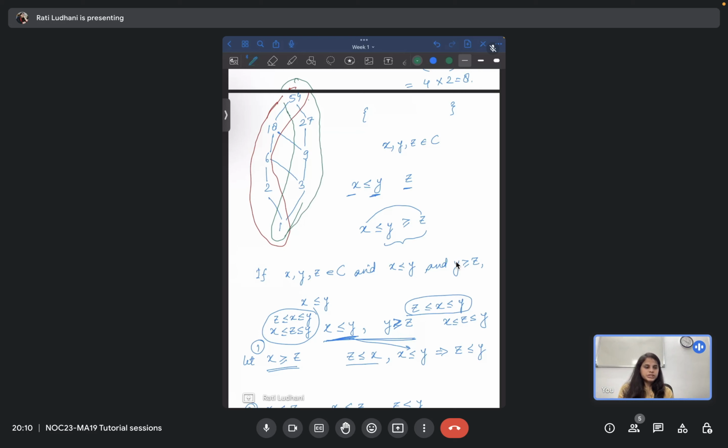So here the biggest chain you can have is 1, 2, 6, 18, 54, or you can take 1, 3, 9, 27, 54. Or you can go zigzag like this. You start with 1, then go 3, and then 6, because there should be a relation.